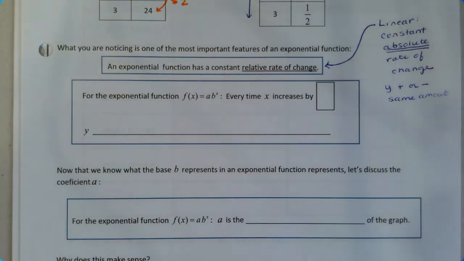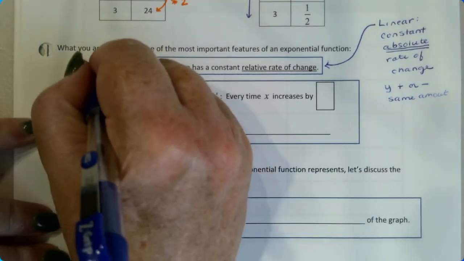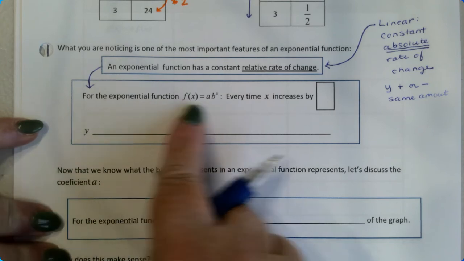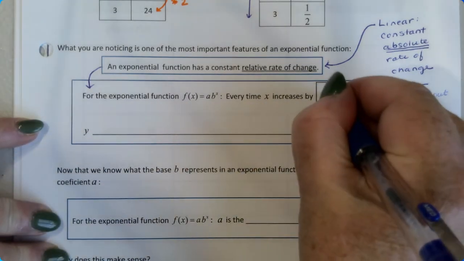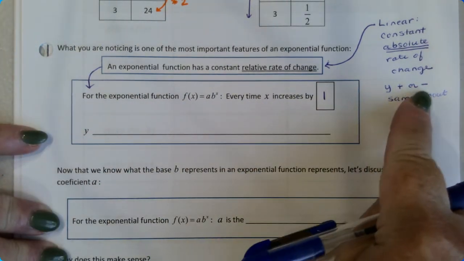But here, we have a constant relative rate of change because every time my x increases by 1, y doesn't get added or subtracted.